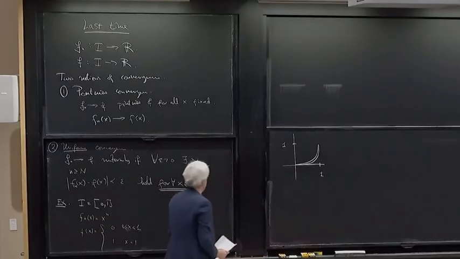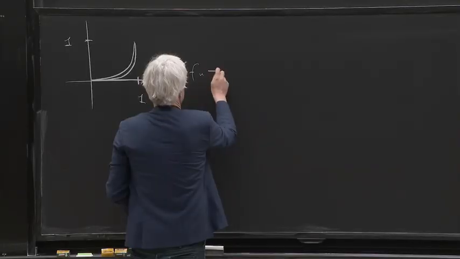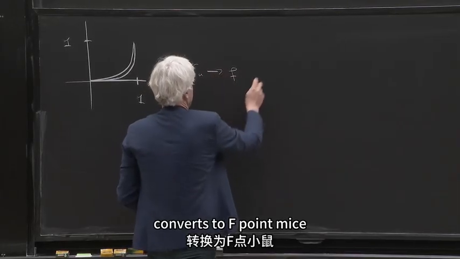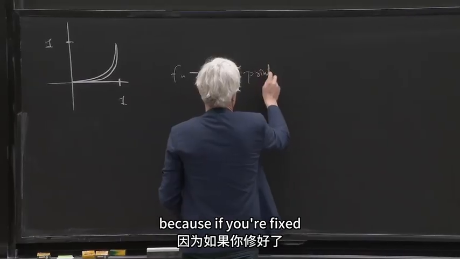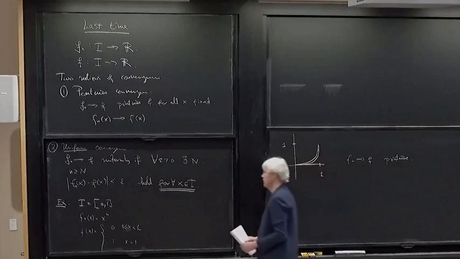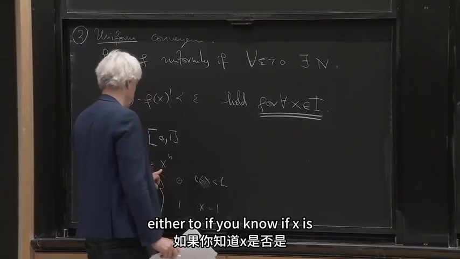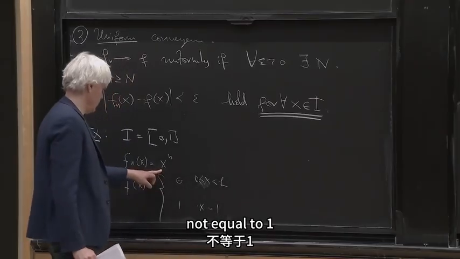And then as n becomes larger and larger, these functions become more and more steep towards 1, right? And so then we had that this sequence fn converges to f pointwise, because if you fix x, then these values converge to 0 as n becomes large if x is not equal to 1.